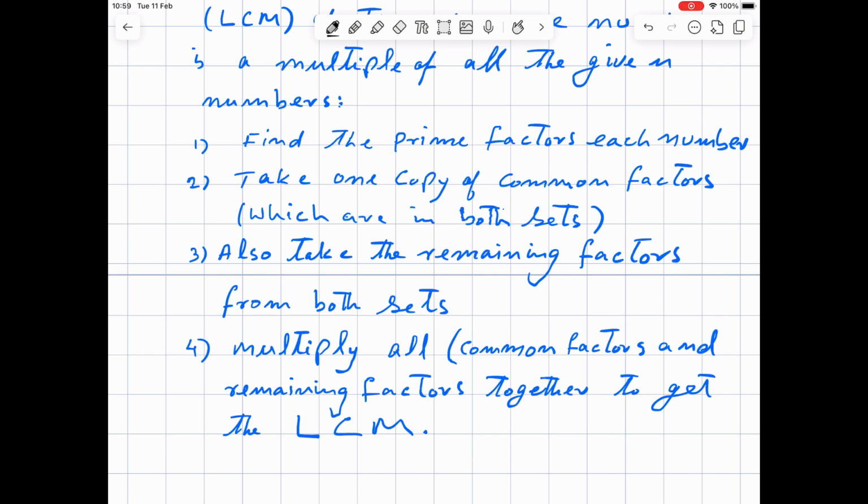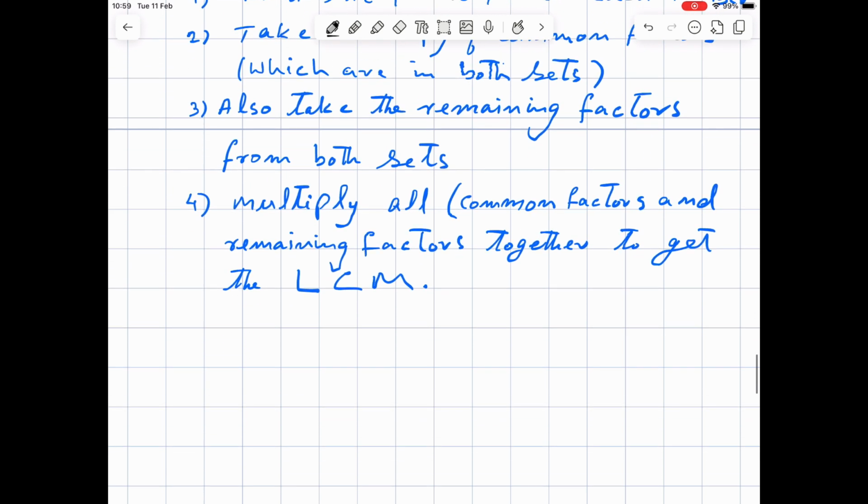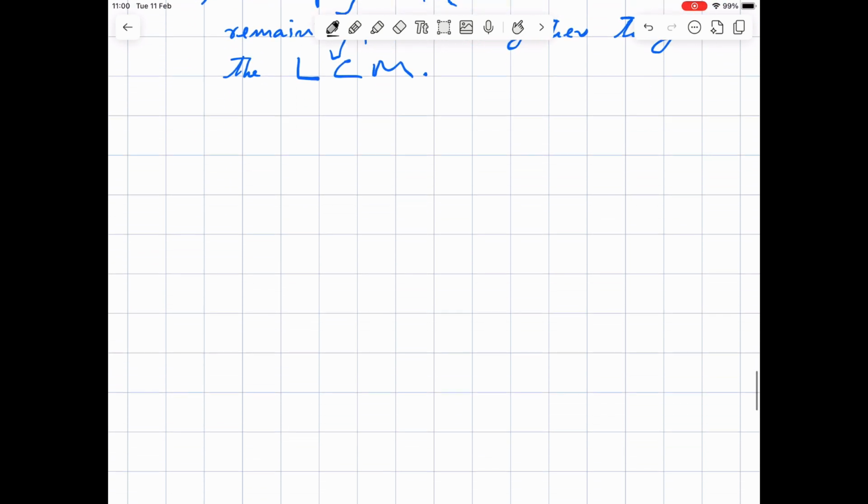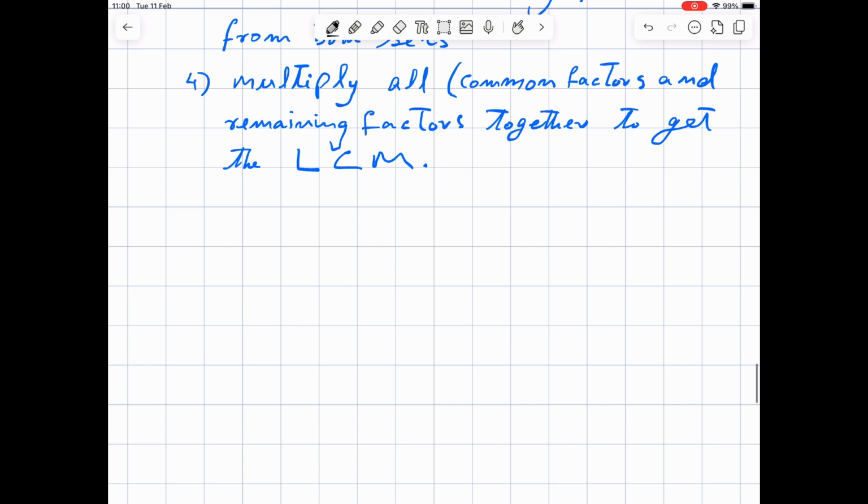And then you'll have to take the other numbers which are in one set but not in the other set. Also take the remaining factors from both sets. So we've taken the common, and then what remained, we're going to take that as well. And then multiply all common factors and remaining factors together to get the LCM.